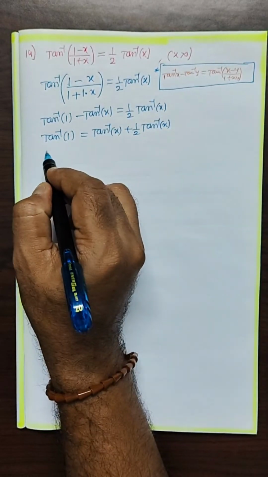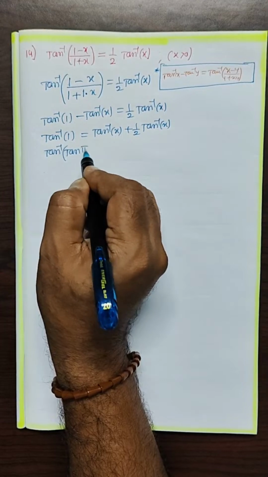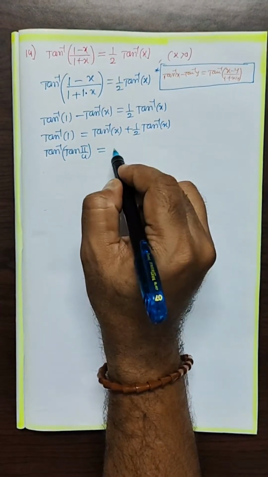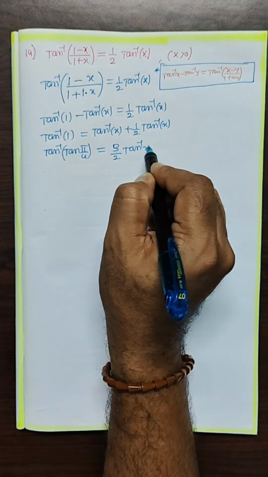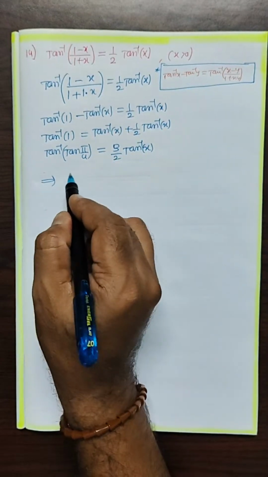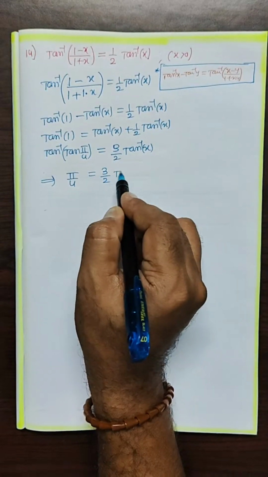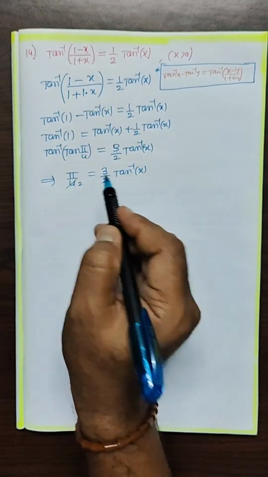So tan inverse 1 means tan inverse of tan pi by 4 is equal to (1 by 2 plus 1), so 3 by 2 tan inverse x. So tan inverse of tan pi by 4 means pi by 4 is equal to 3 by 2 tan inverse of x. 2 ones are 2, 2 twos are 4.